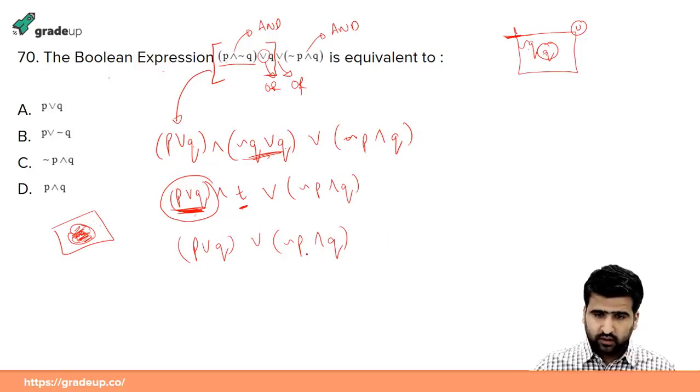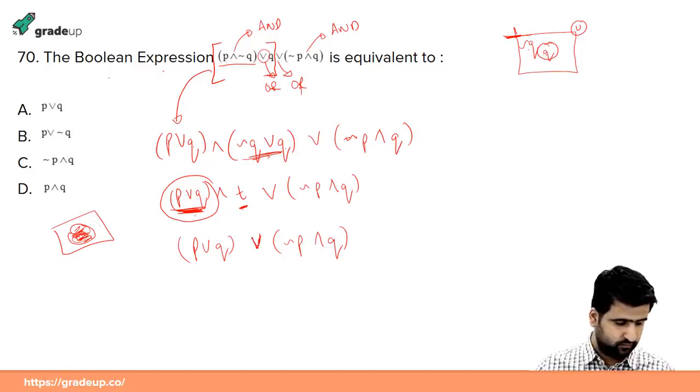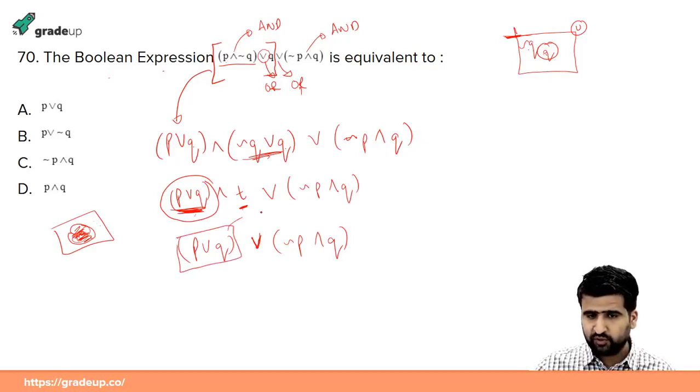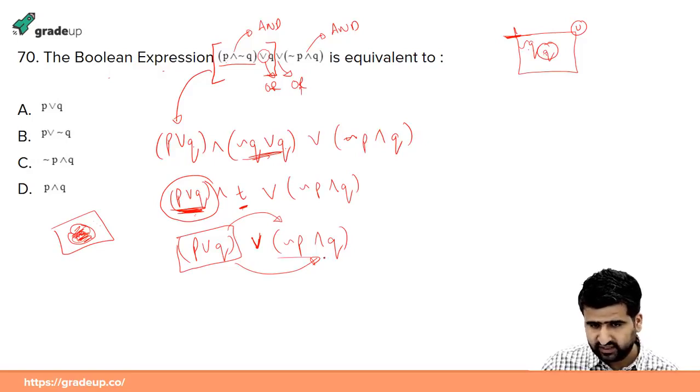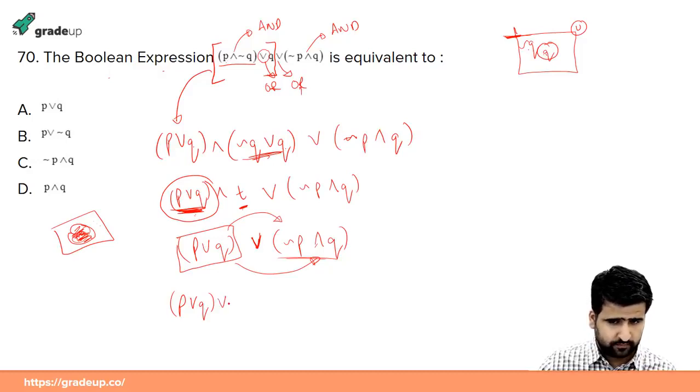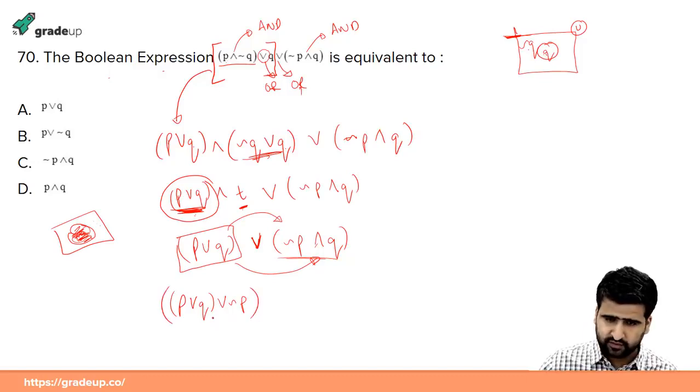And then I can distribute this symbol. This whole bracket can be distributed to both of these. How are we going to distribute this to both of these, negation P and Q in the second bracket? We take P or Q, or negation P. This is in the first bracket.